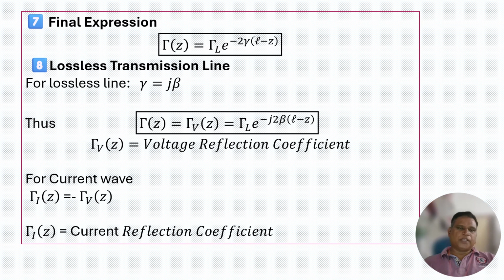For a lossless transmission line, gamma is equal to j beta. Therefore, the reflection coefficient at any point on the transmission line is equal to the reflection coefficient at the load multiplied by e power minus 2j beta into L minus z.